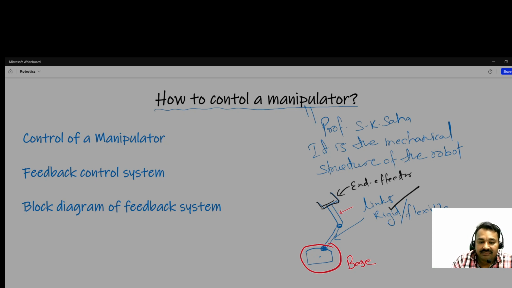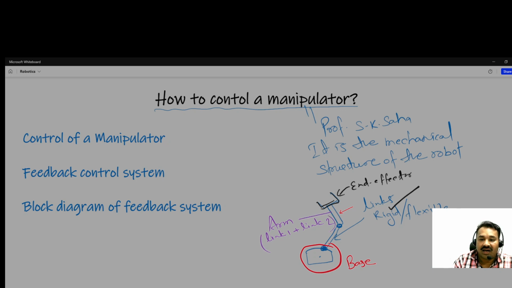So what is the mechanical structure? Other than the base, and not the end effector, these links from here to here are the arms. You can see the total arm includes all the links, like link 1 plus link 2 for this case.